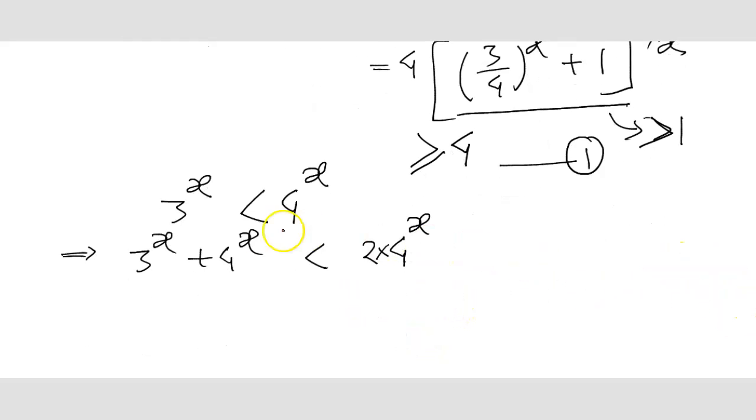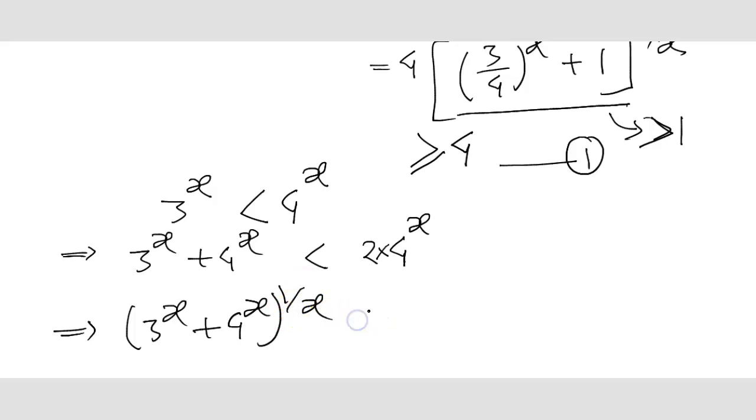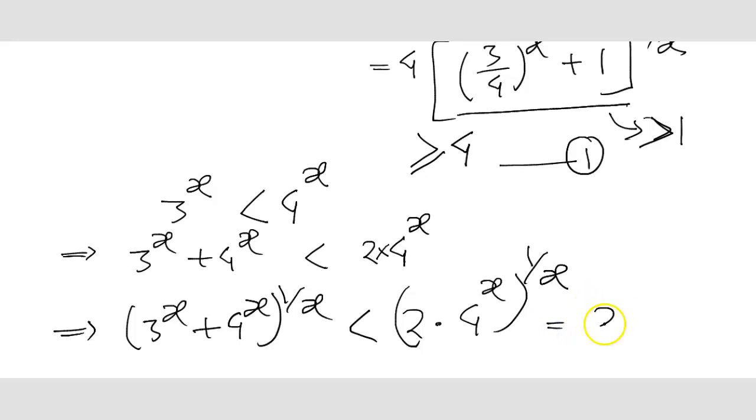Now if we take the power as required, that is 1 by x, we get (2 into 4 to the power x) to the power 1 by x. Agree? This will become 2 to the power 1 by x into 4, which is definitely greater than 1.